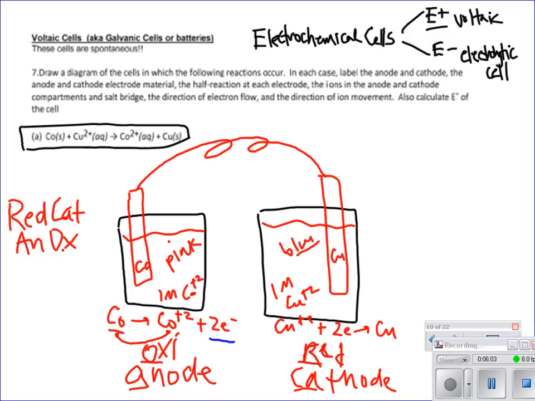See how that's losing and that's gaining? Okay, so if you get lost, having those half reactions there helps because you can see exactly what's going on. So the electrons are going to flow from anode to cathode. The little trick I have for that is that electrons flow alphabetically. What's alphabetical? O to R and A to C.